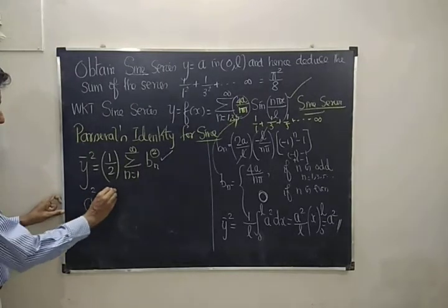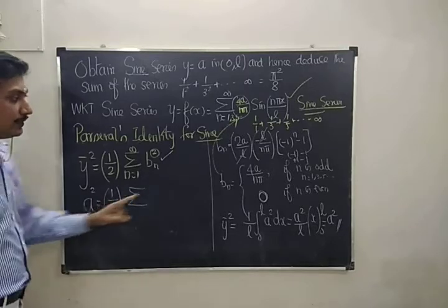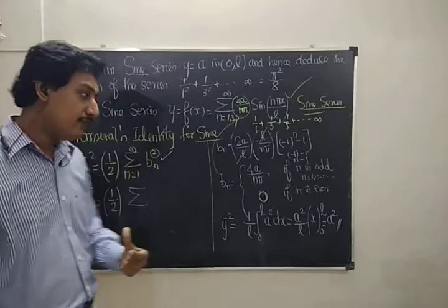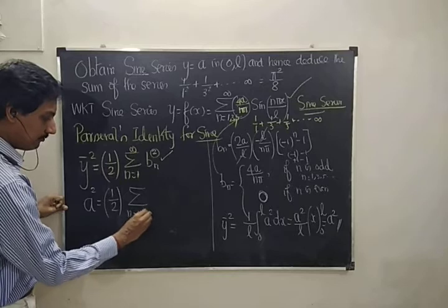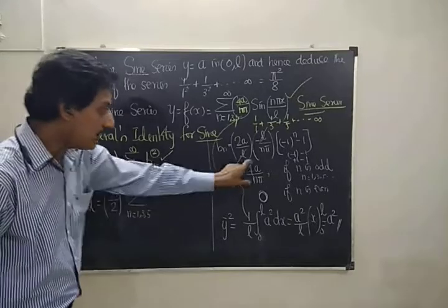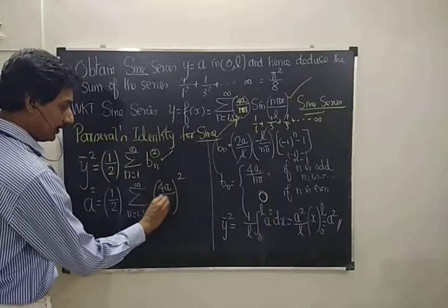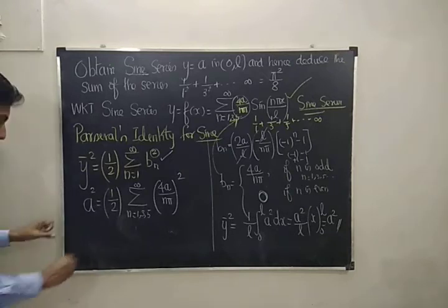Square is equal to 1 by 2 into sigma. What about bn now? bn is valid only for the odd values, so n is equal to 1, 3, 5 to infinity. Square this value, 4a by n pi. Let us simplify now.